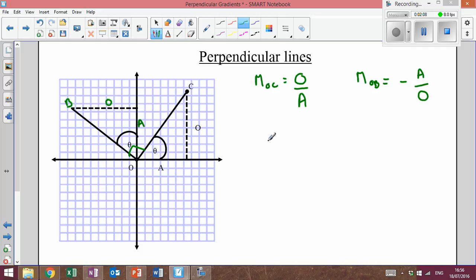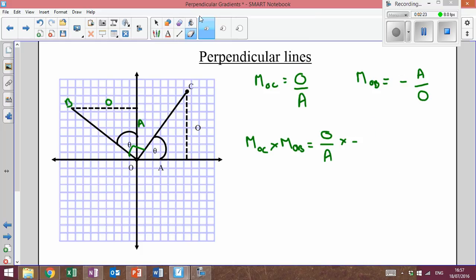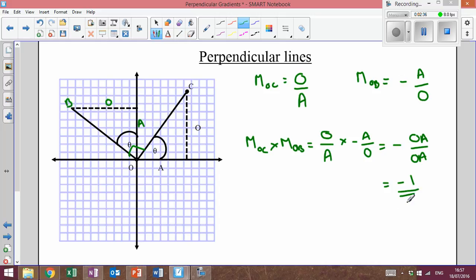The other thing, which is probably not as easy to see, is if we multiply those two gradients together, we're going to do O over A multiplied by negative A over O, which is going to give us a negative fraction with OA over OA. Because it's OA over OA, we know that's just going to be negative 1.